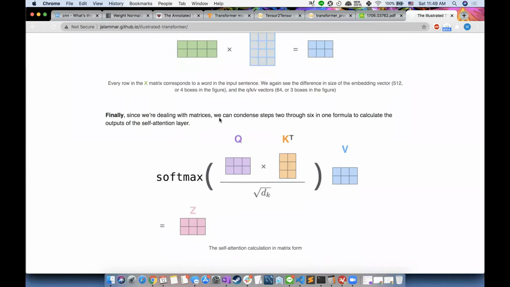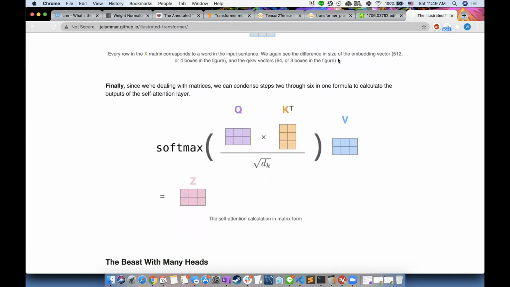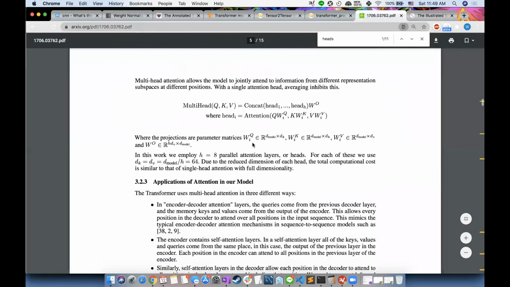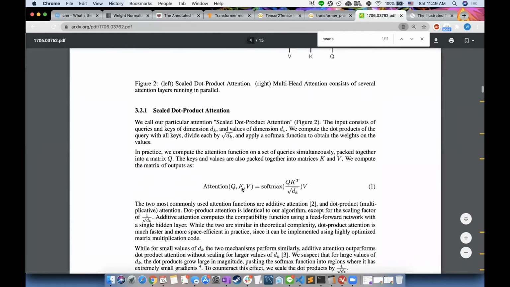Finally, since we're dealing with matrices, we can condense steps 2 through 6 in one formula to calculate the outputs of the self-attention layer. This is exactly the formula we are seeing here in the scaled dot product attention. And that scaled dot product attention is self-attention.